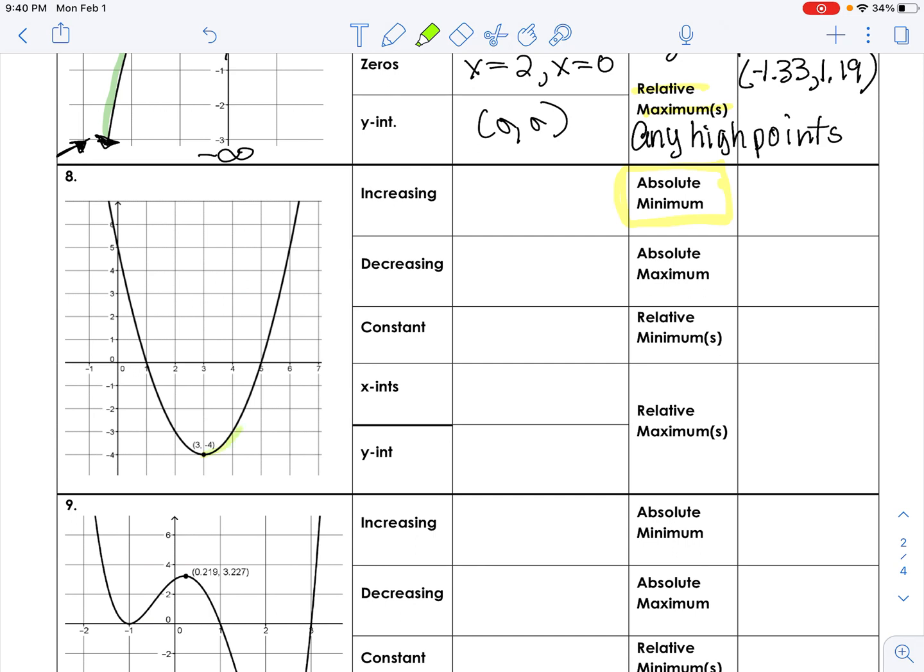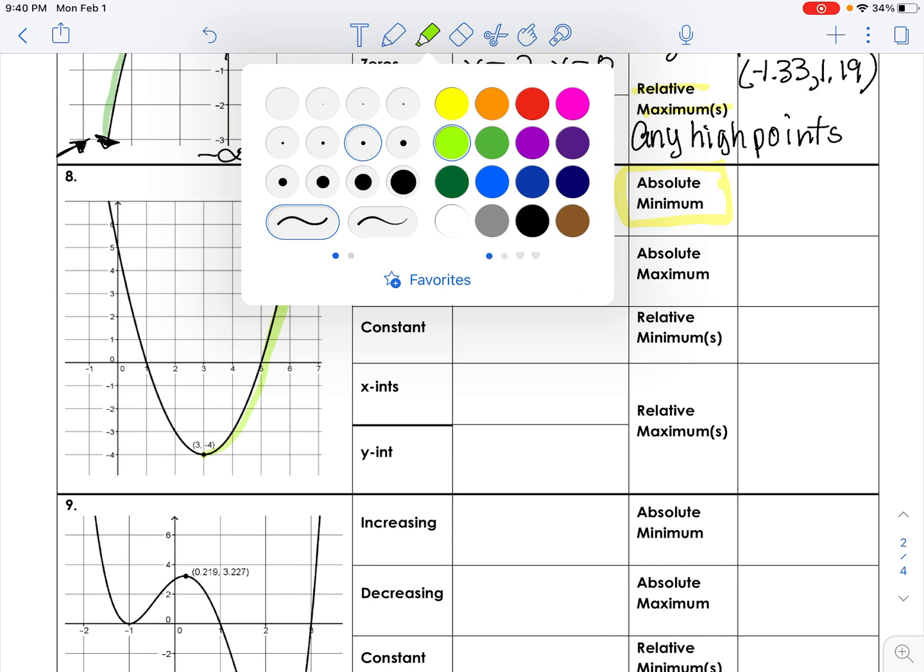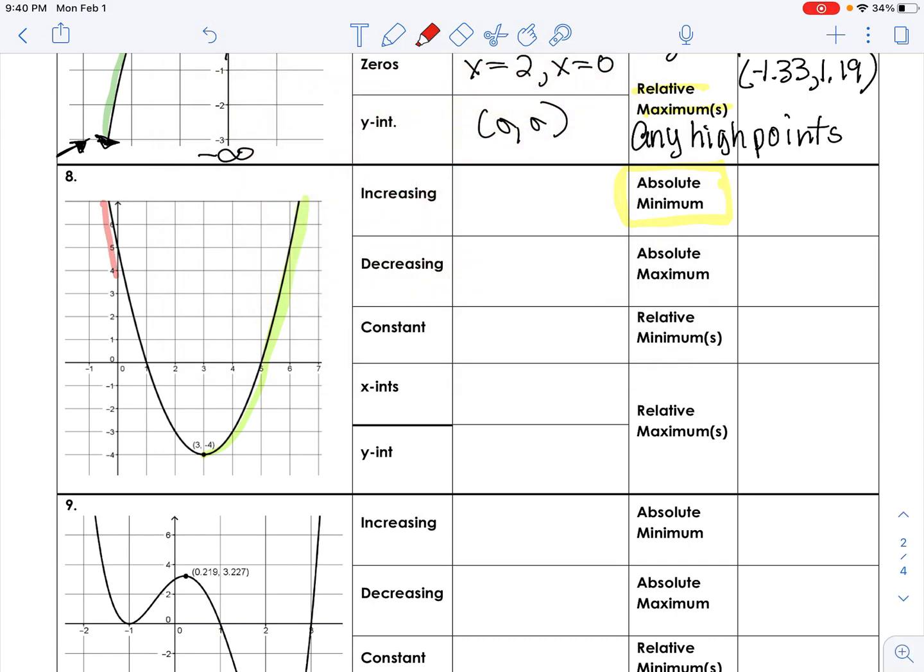Okay, increasing. So again, I'm going to highlight. My increasing is going to be my green part, and my decreasing is going to be my red. And of course, we know that there are arrows here, that this is positive infinity up here, negative infinity down there. Okay, so my function is increasing from 3 to infinity, starting at x equals 3.